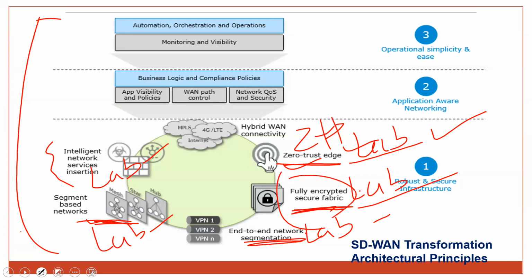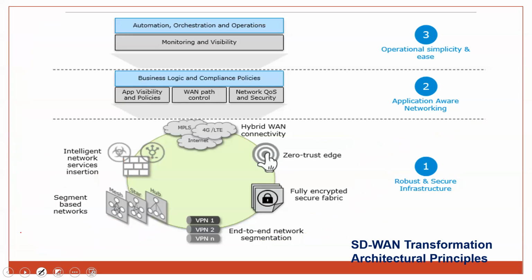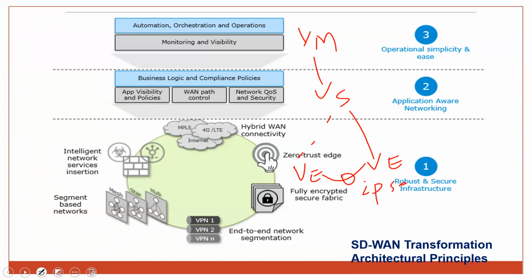It's a fully encrypted secure fabric. Why? I'll discuss this more in the upcoming sessions, but you have vManage, vSmart, and then the vEdge devices connected. Between vEdge and vEdge, always remember you have secure IPsec tunnels, and the controllers are connected with either DTLS or TLS. We will discuss why DTLS or TLS.